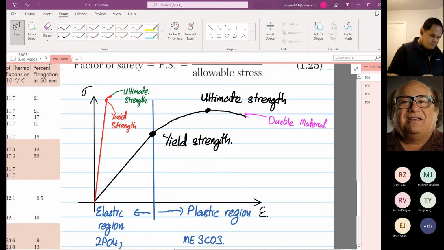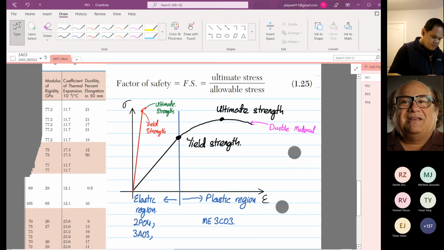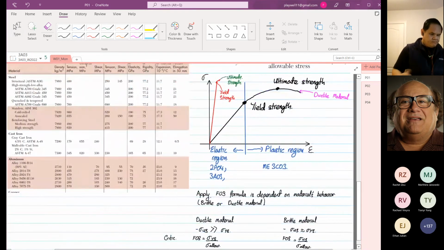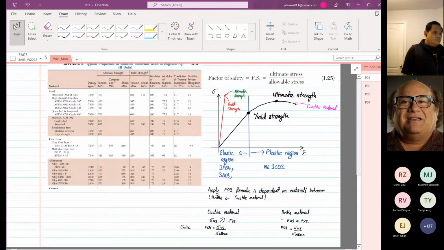So there you go. This is the difference between 2P and 3A: looking at the material behavior, a simple formula on factor of safety, when to apply what and why. So this is number one.